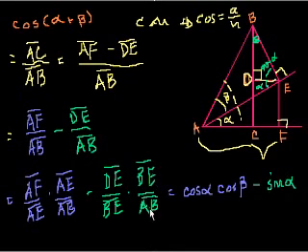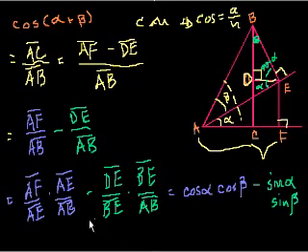And what is BE over AB? Look at this triangle again. For beta, BE is the opposite, and AB is the hypotenuse. So opposite over hypotenuse for beta, so it's the sine of beta. Times the sine of beta. I'm running out of space, so I have to go to another line. Pretty neat.